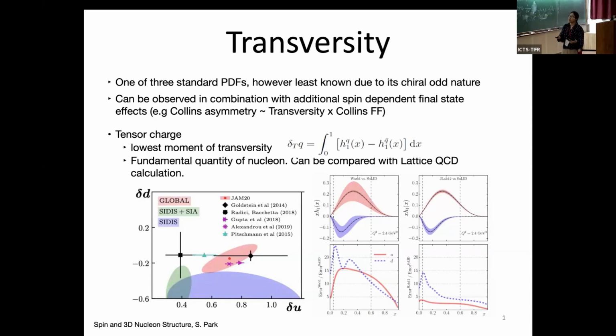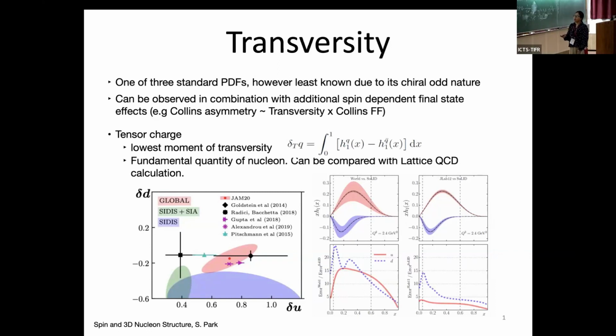The tensor charge is a fundamental quantity of the nucleon, and it is also the lowest moment of this transversity, as defined here. And as it is a fundamental quantity of the nucleon, it can be calculated by lattice QCD using first principles. And you can compare the values here with the lattice QCD there.